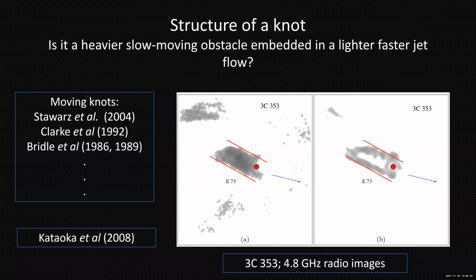So wherever they're accelerated should also be the peak of the radio emission. But in the morphology of some of your objects, the radio emission is clearly higher further downstream. And I don't understand how that can happen physically.